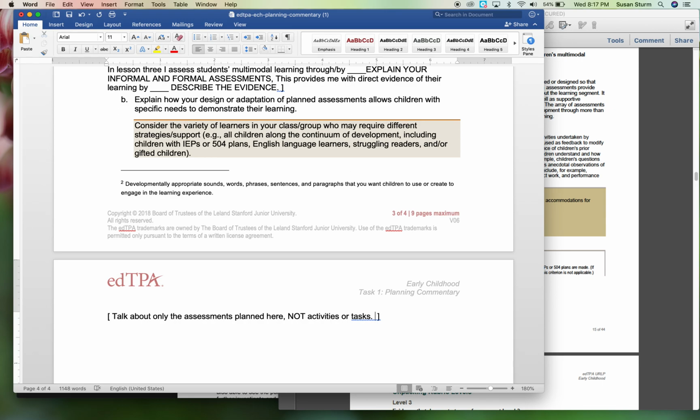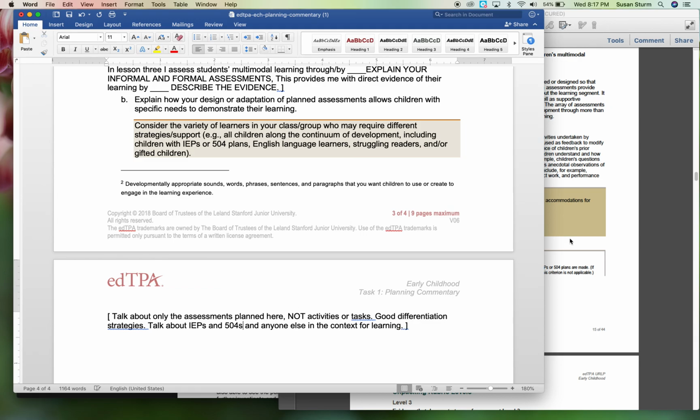And these are all your good differentiation strategies. Talk about IEPs and 504s. That's a must. And anyone else in the context for learning. So you have to refer back to that context for learning at multiple points in your edTPA.